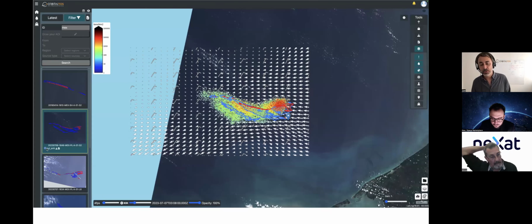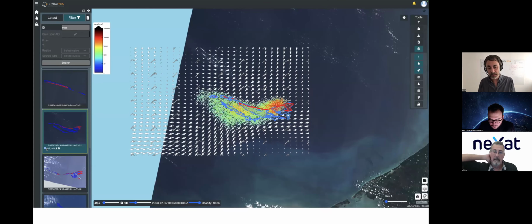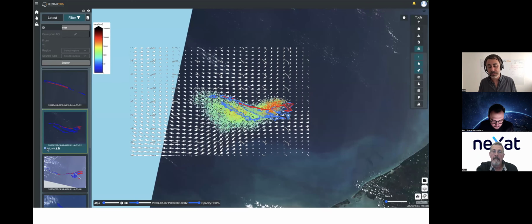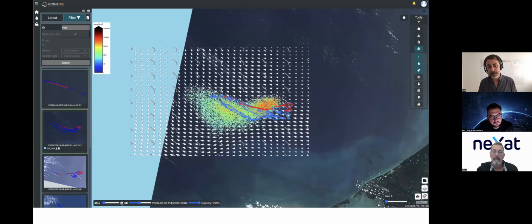Something very important to understand also is that the thickness of the oil spill is integrated in the modeling, as you can see. So if the pixels are reddish, it implies that the oil is thicker in that part of the simulation. And if it's a light color, then it means it's lighter than that.